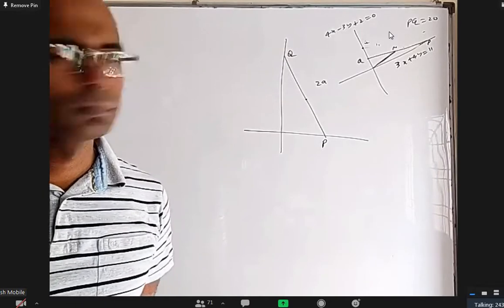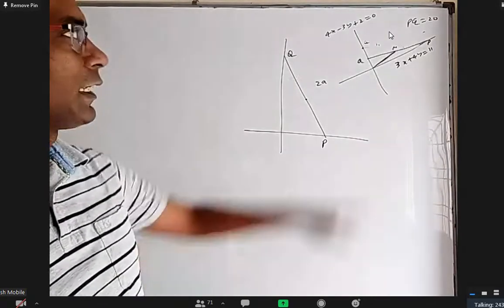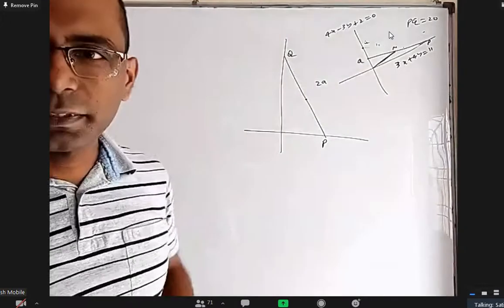Is that line the x-axis and the given one the y-axis? No. Two different lines. 3x plus 4y equal to 11 is a line. Okay. 4x minus 3y plus 2 equal to 0 is another line. Okay, sir.